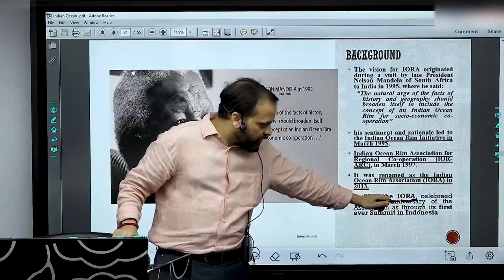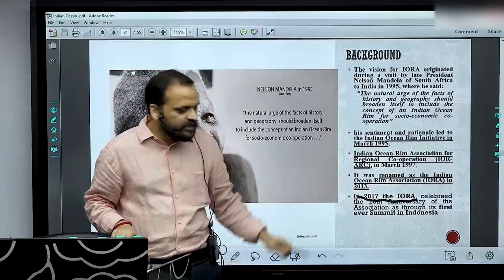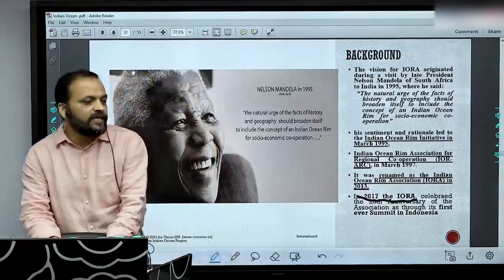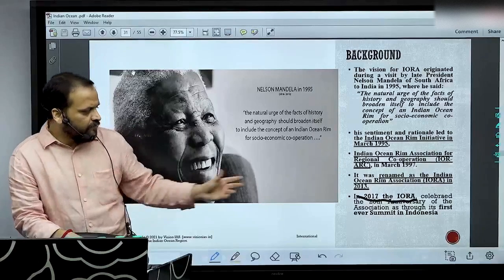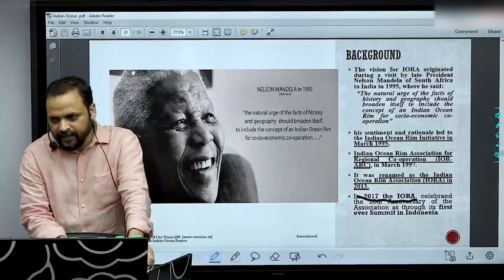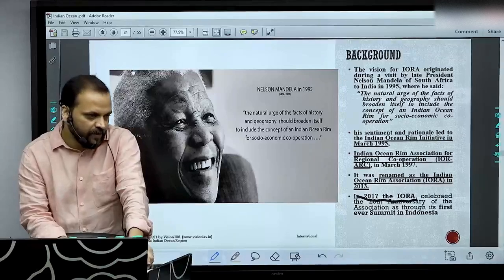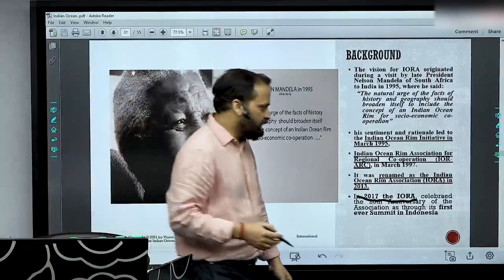For example, IORA so far has had only one summit. 2017, 20 years of completion of IORA was celebrated with the leaders level meeting, which was hosted in Indonesia. All right, which was hosted by Indonesia.